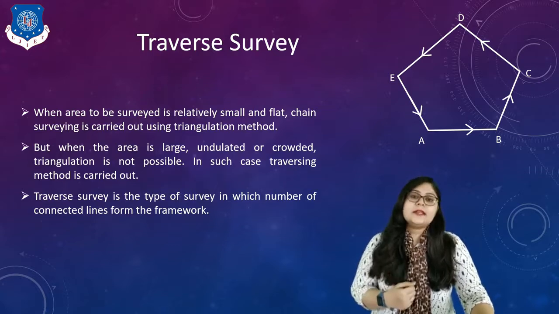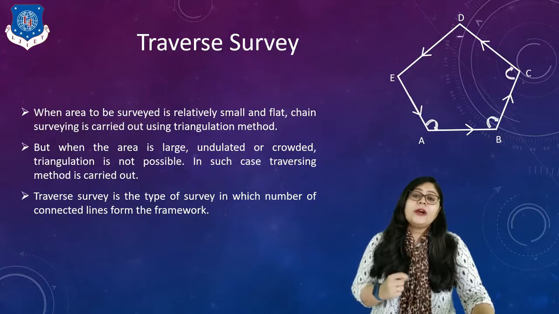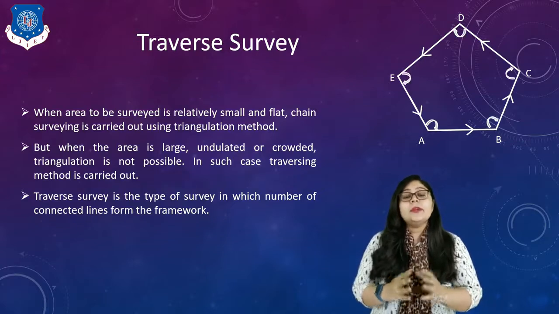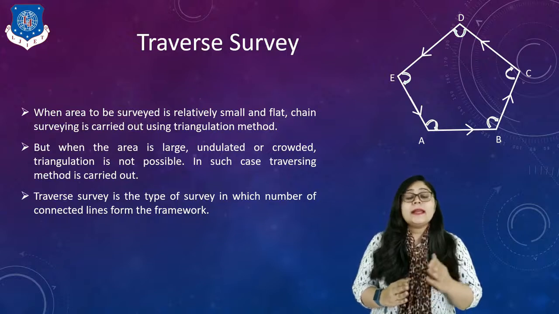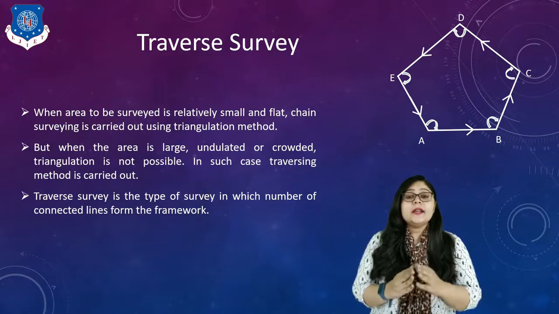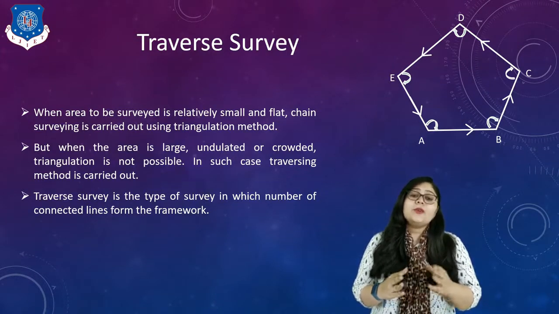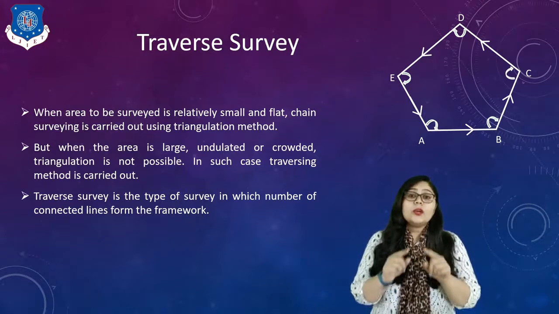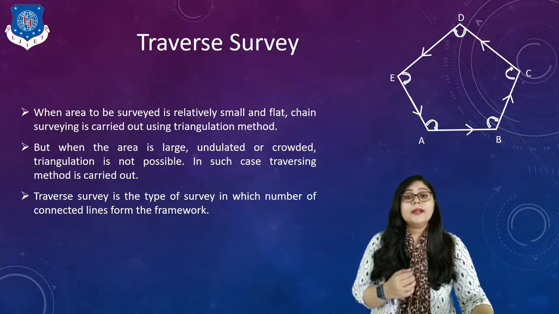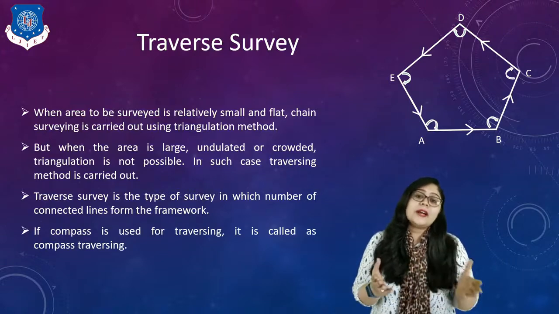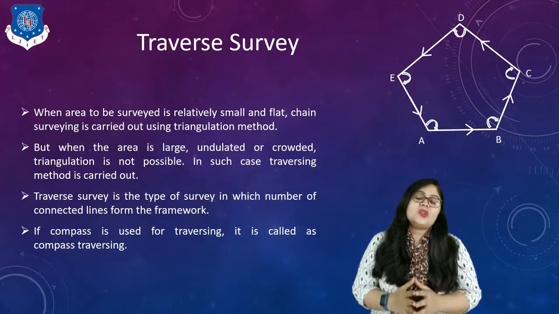Our main task is to identify the angles between two survey lines. Here on screen you can see angles A, B, C, D, E. That is our task: how we can find these angles to calculate the overall plot area or the volume of that plot, right? If a compass is used for traversing, it is called compass traversing.